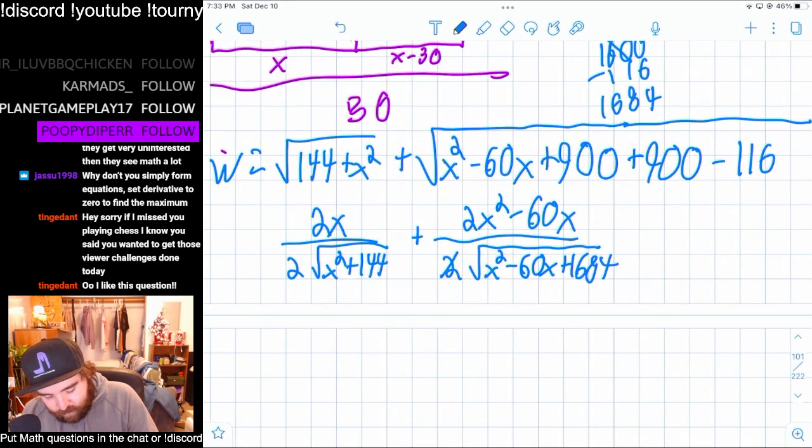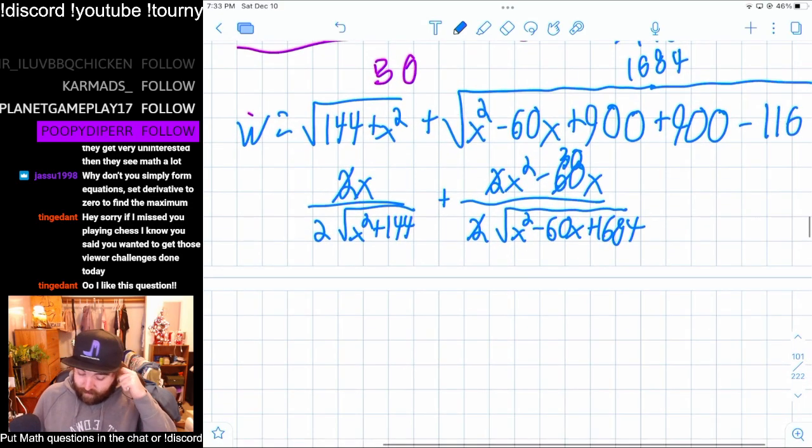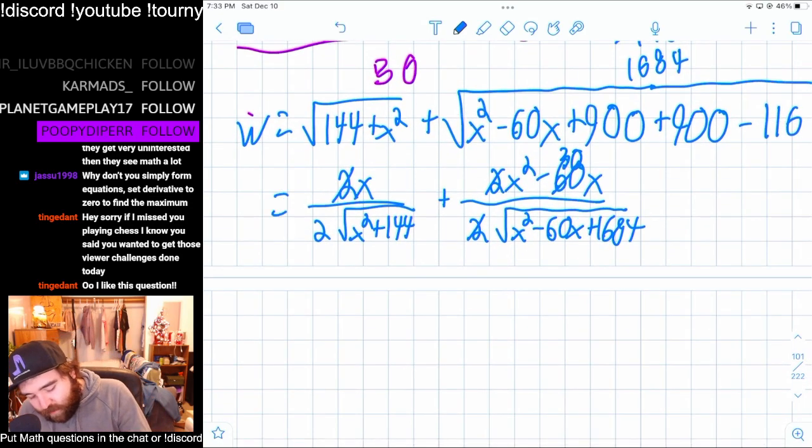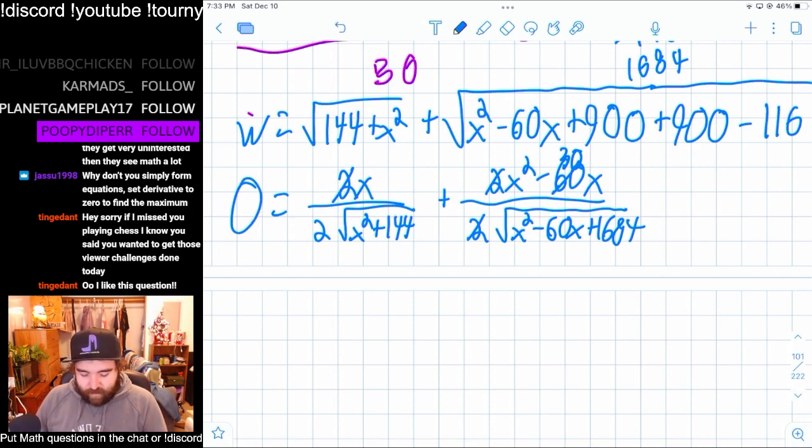So at least these 2's are canceling, so I don't have to worry about them. But if I'm going to set this equal to 0, I have 2 different fractions. I'm going to have to combine the top and get some crazy stuff, honestly.